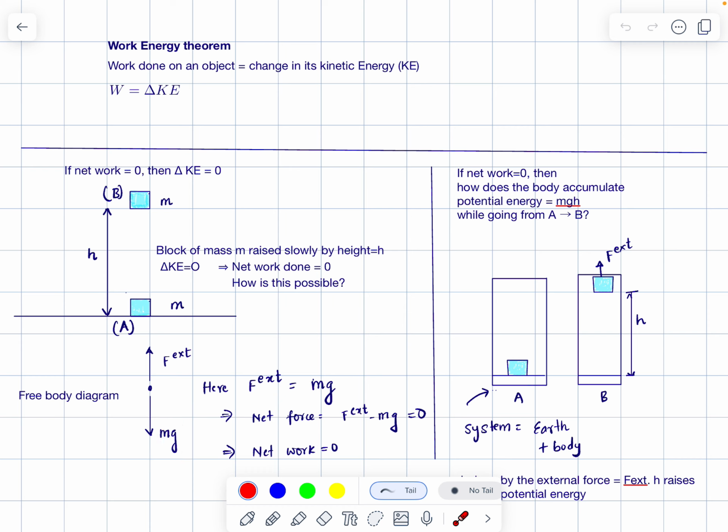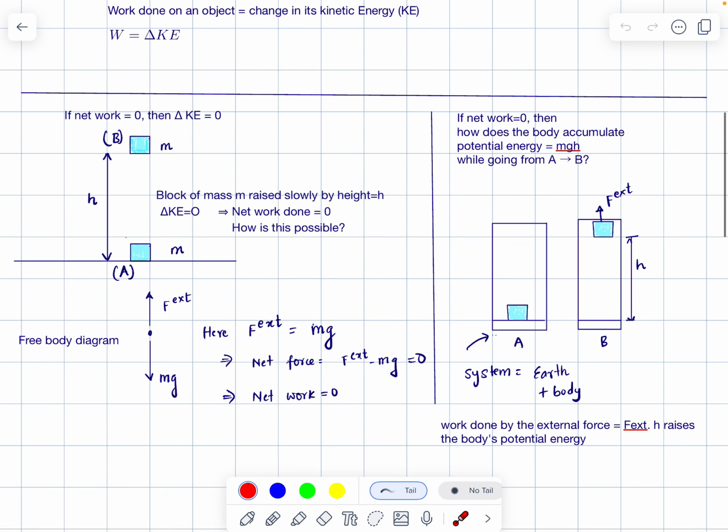Now F_ext, the external force, equals the weight of the object. Therefore, if you take away mg from the external force, the net force acting upwards, F_ext minus mg, is indeed zero.